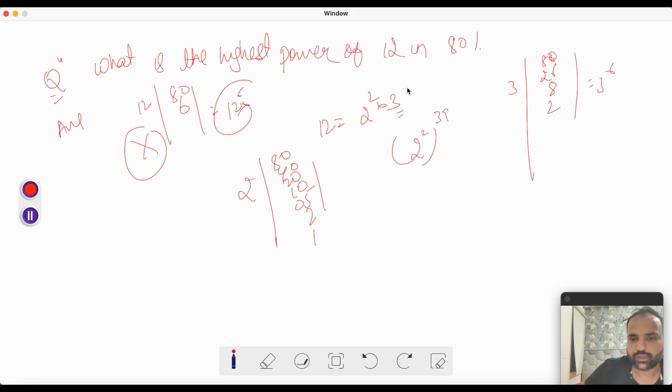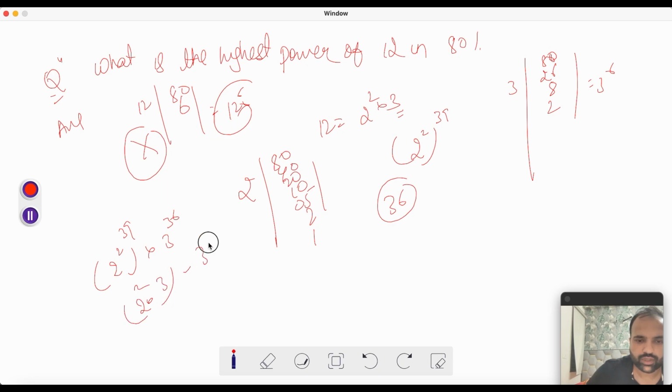As expected before, 36 would be the highest power, because this has 39 pairs and this has 36 pairs, so out of 2 squared into 3, we can only have 36 such pairs. This is what we have studied before, so 36 would be the answer.